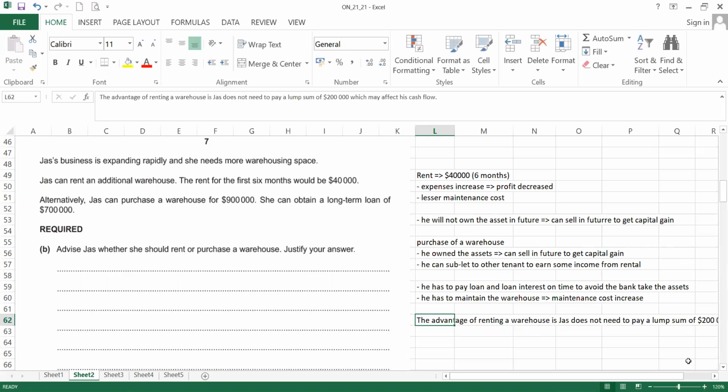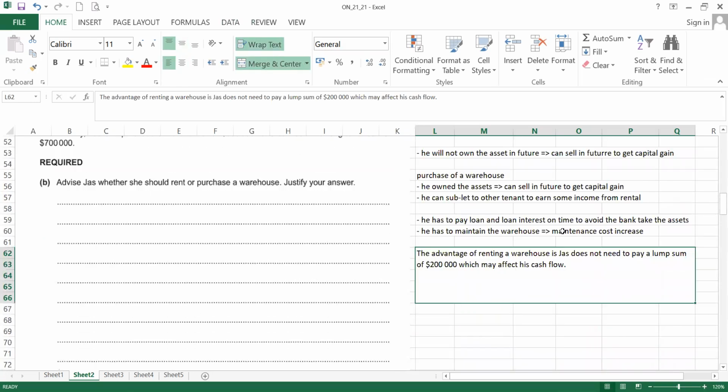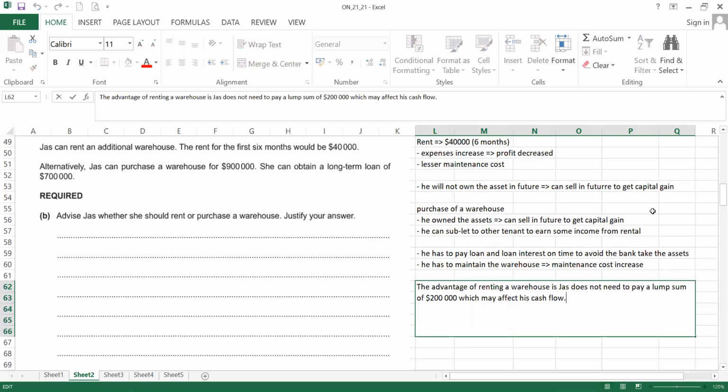So this is information that we can talk about. And next is that he needs to pay 6 months rental in advance.